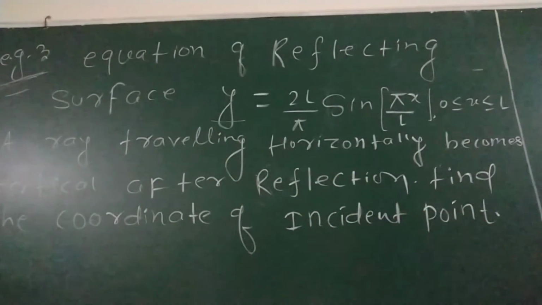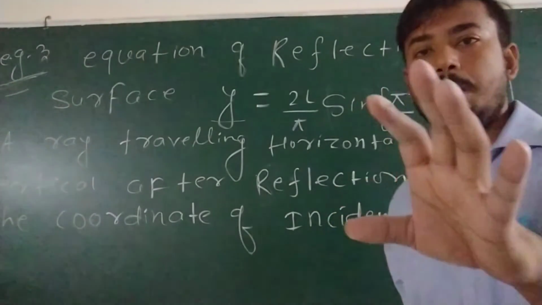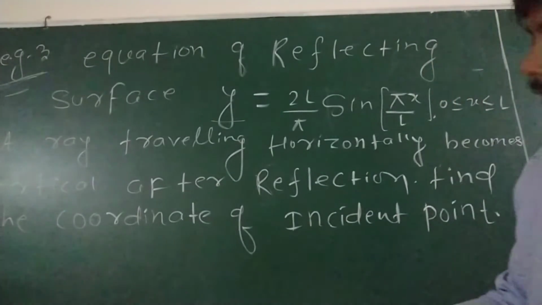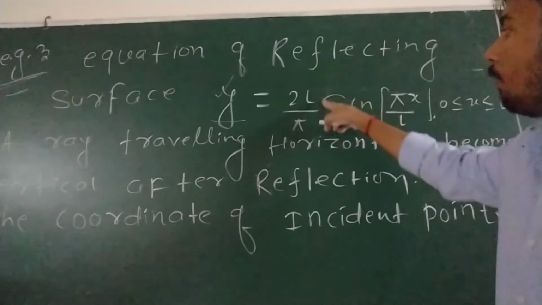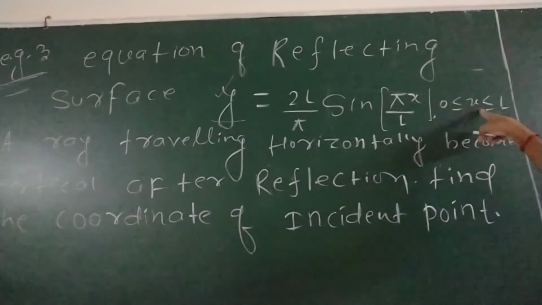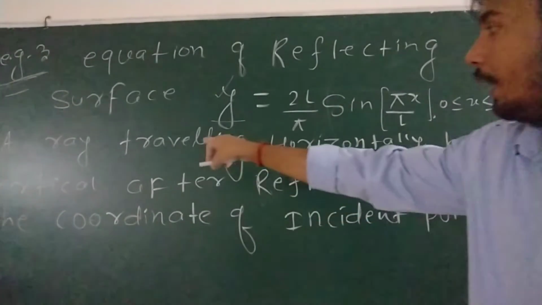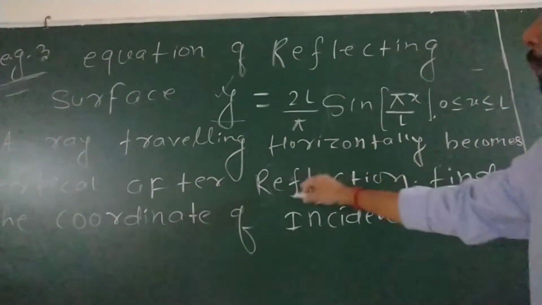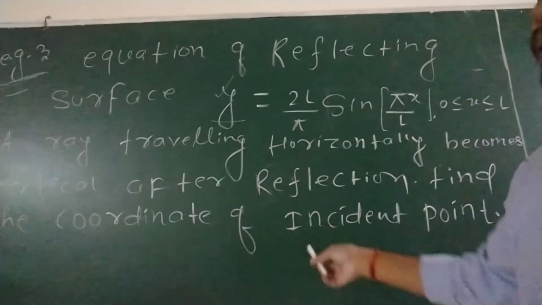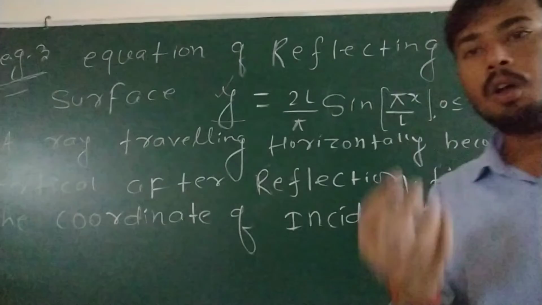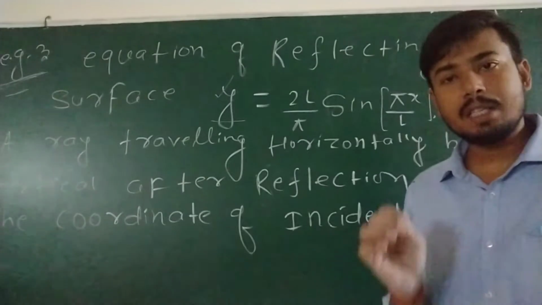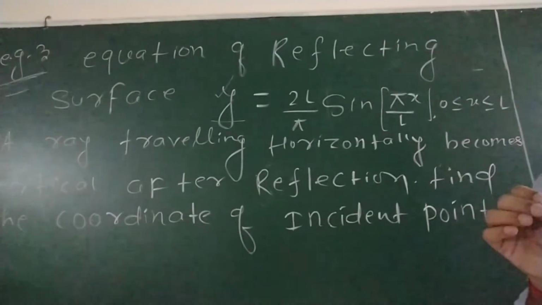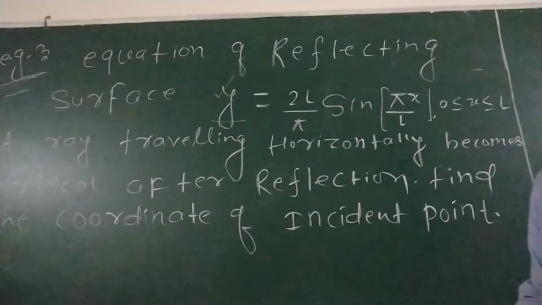Find the coordinate of incident point. The mirror type, concave or convex, is not given, but the reflecting surface will obey this equation. Really, this is a very good question. Trust me. We are going to solve it.